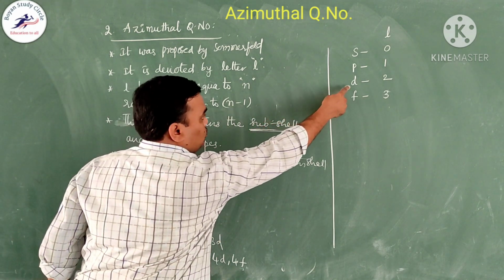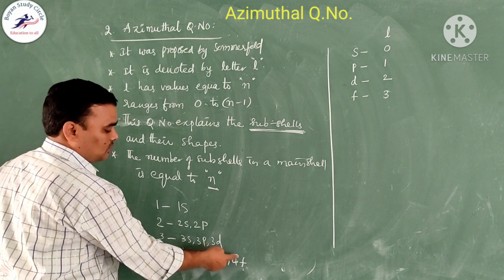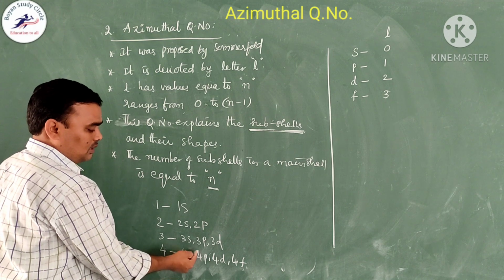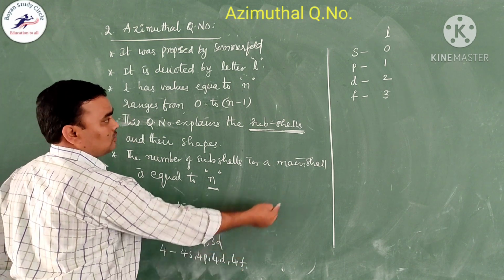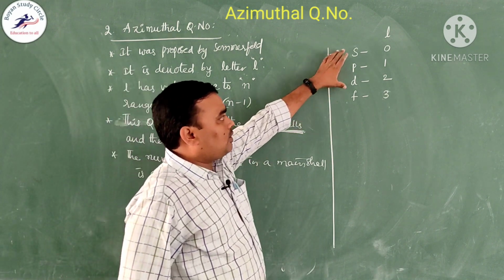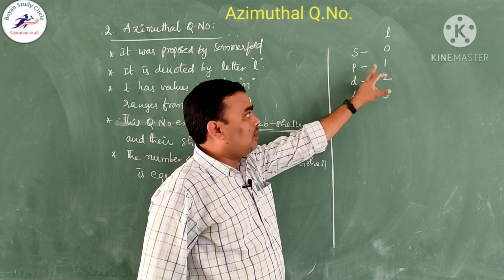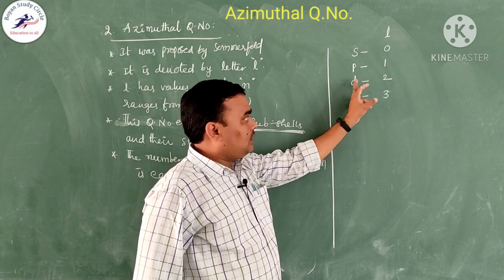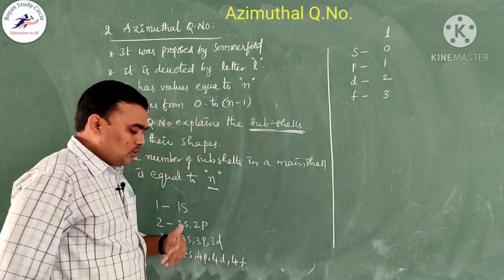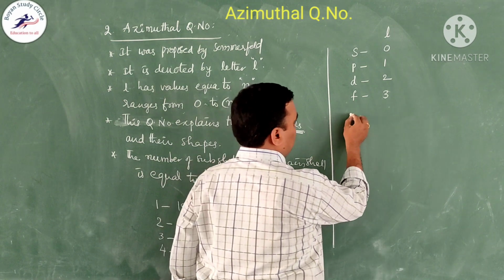So, d is 2. And in the fourth main shell, 4 subshells are present, so total values are 4, starting from 0, 1, 2, 3. So, f has L value 3. In the same way, you have to remember that for s the L value is 0, for p it is 1, for d it is 2, and for f it is 3. And it also explains the shapes of the orbitals, the shapes of the subshells.